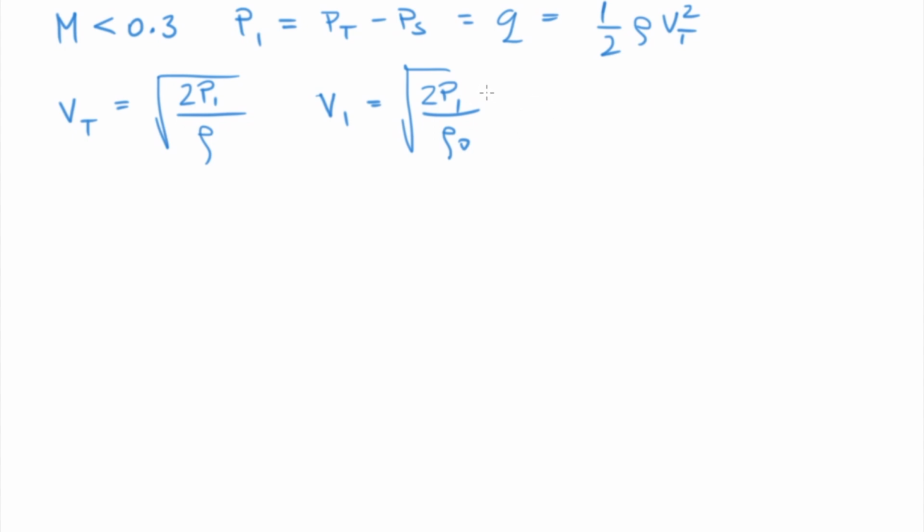Now, if we enhance our accuracy of the impact pressure by accounting for positioning errors, we can write a calibrated airspeed, which in this case will be the same as the equivalent airspeed, as the square root of 2pi asterisk, signifying that more accurate value, divided over rho 0.